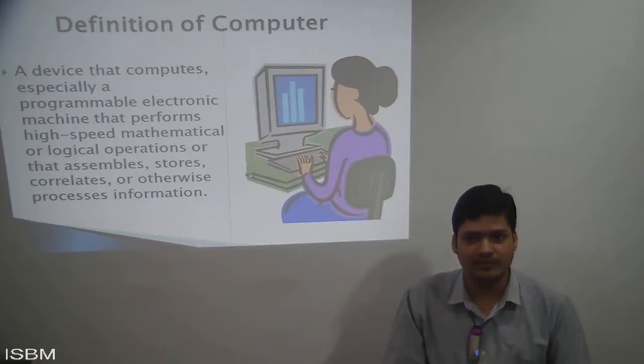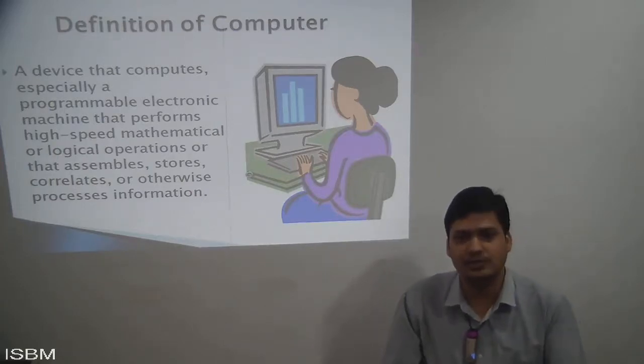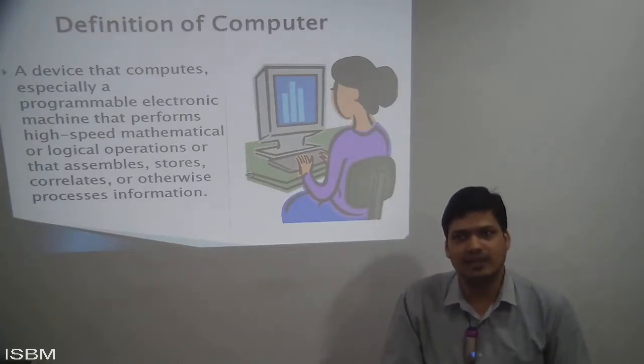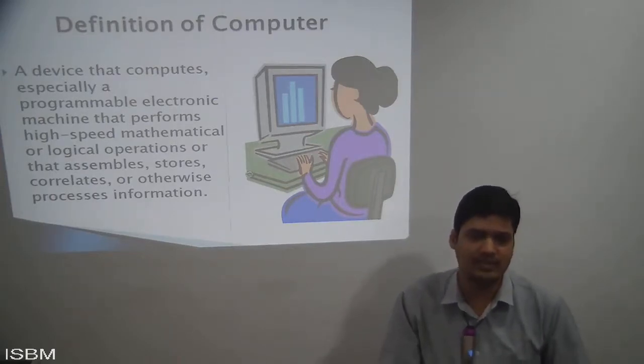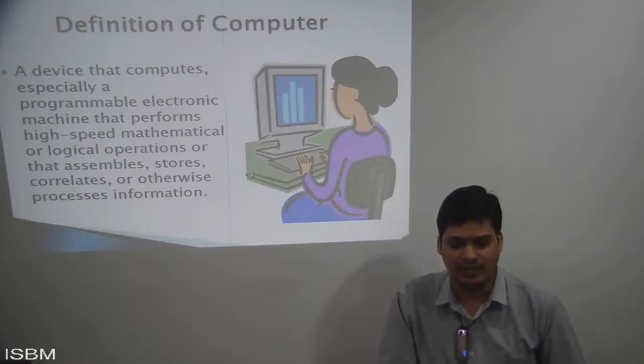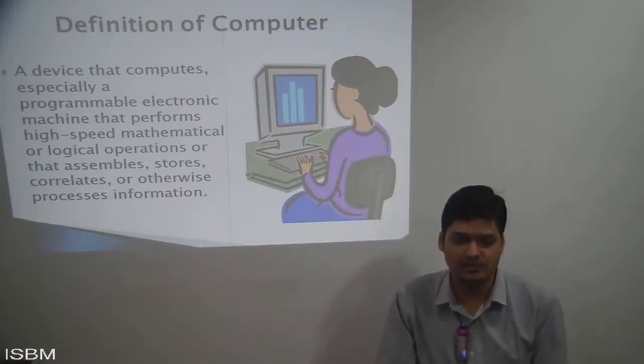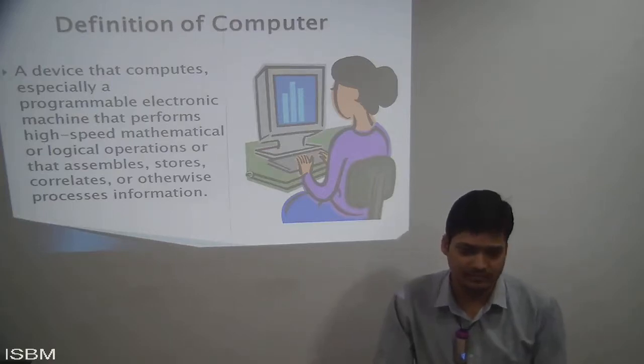Initially, Charles Babbage was the first to introduce the computer, around the 18th century, and at that time it was a very big computer. They used cathode ray tube kind of things, and after that they used integrated circuits, which are called IC chips.